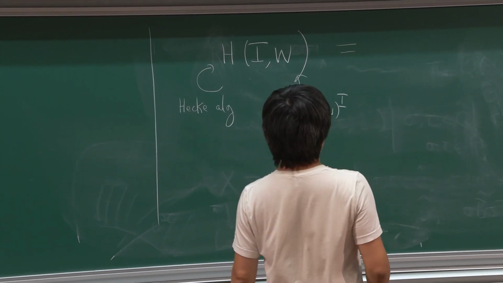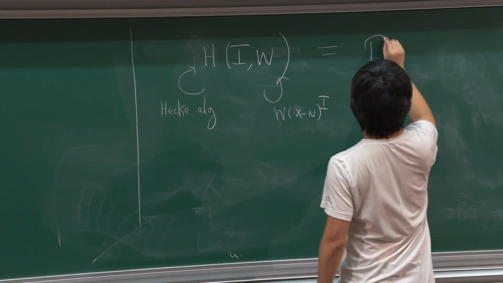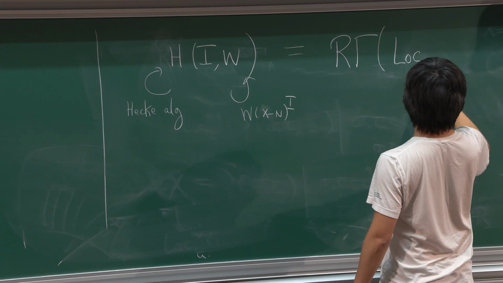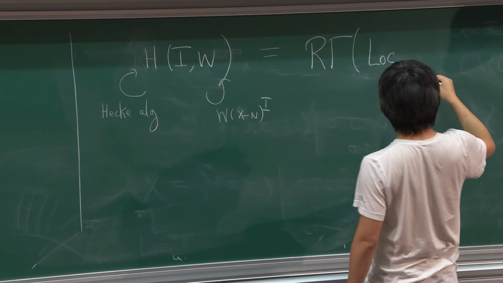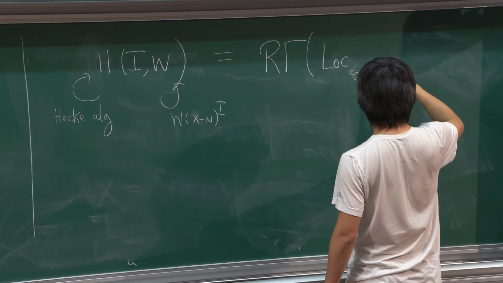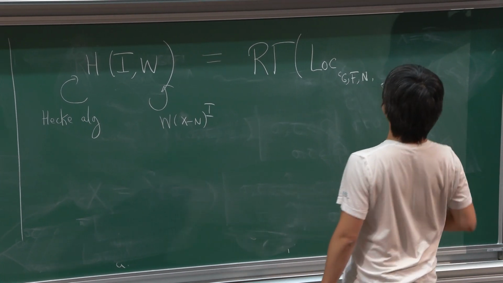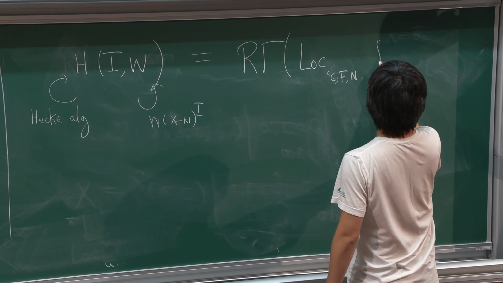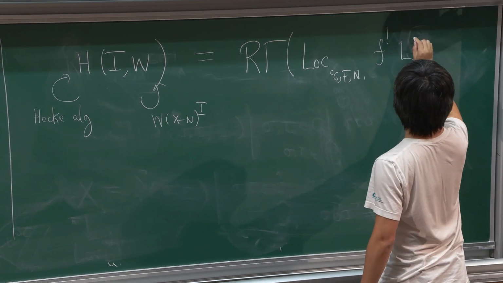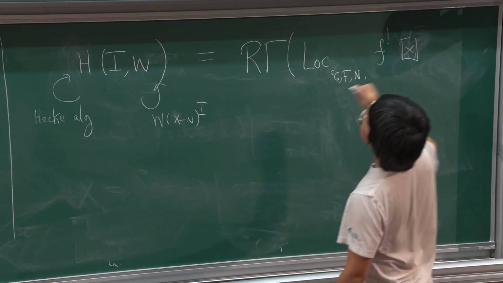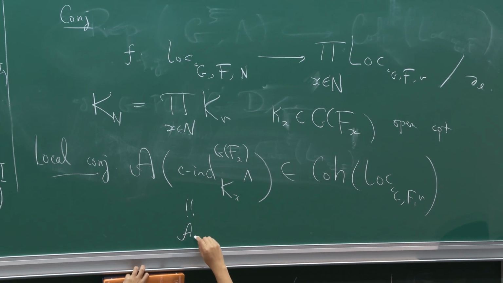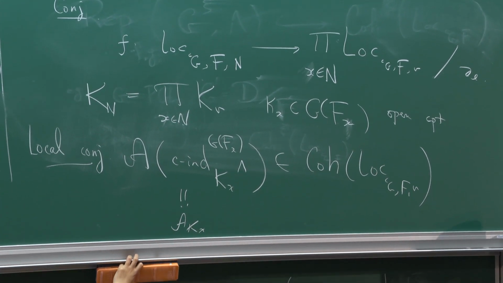Then it's conjecturally isomorphic to the global sections of some coherent or quasi-coherent sheaf on here. You take all these local sheaves, tensor them up and pull back. Let me just write this as K_X.